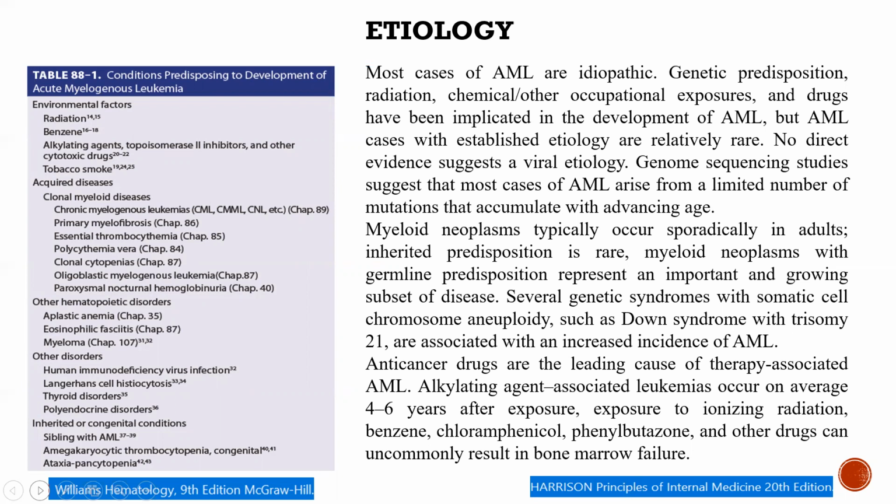Several genetic syndromes with somatic cell chromosome aneuploidy, such as Down syndrome with trisomy 21, are associated with an increased incidence of acute myeloid leukemia. Anti-cancer drugs are the leading cause of therapy-associated disease. Alkylating agent-associated leukemias occur on average from 4 to 6 years after exposure. Ionizing radiation, benzene, chloramphenicol, phenylbutazone, and other drugs can commonly result in bone marrow failure.